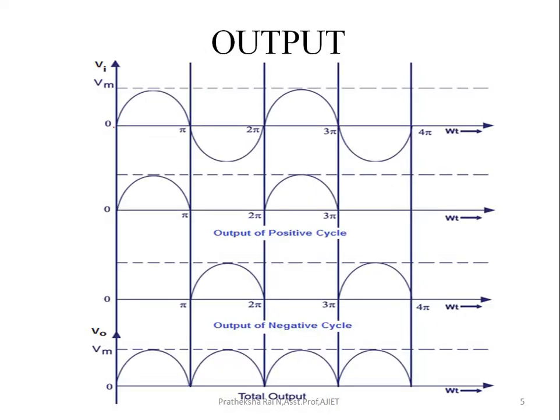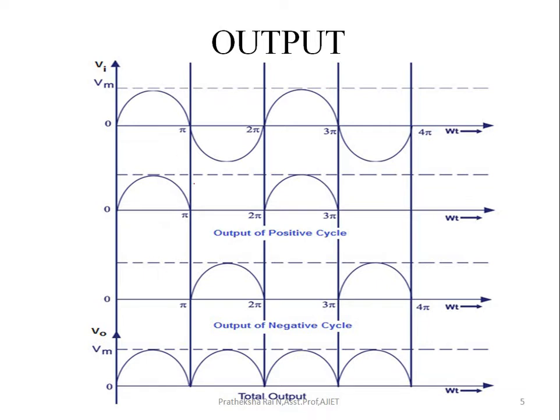The peak amplitude of the input wave will be Vm. One complete cycle goes from 0 to 2 pi, and 2 pi to 4 pi is the next cycle.